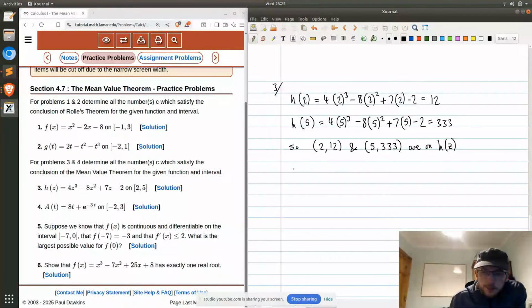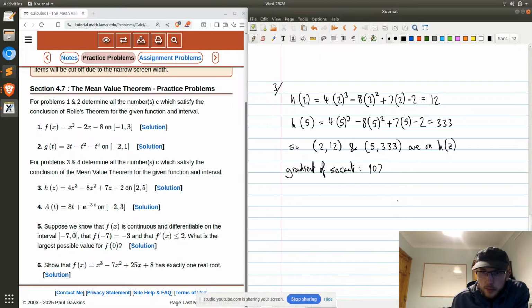Now, how can we say this? Let's just say gradient of secant. I think that's reasonable. 333 minus 12 over 5 minus 2, which is 107.